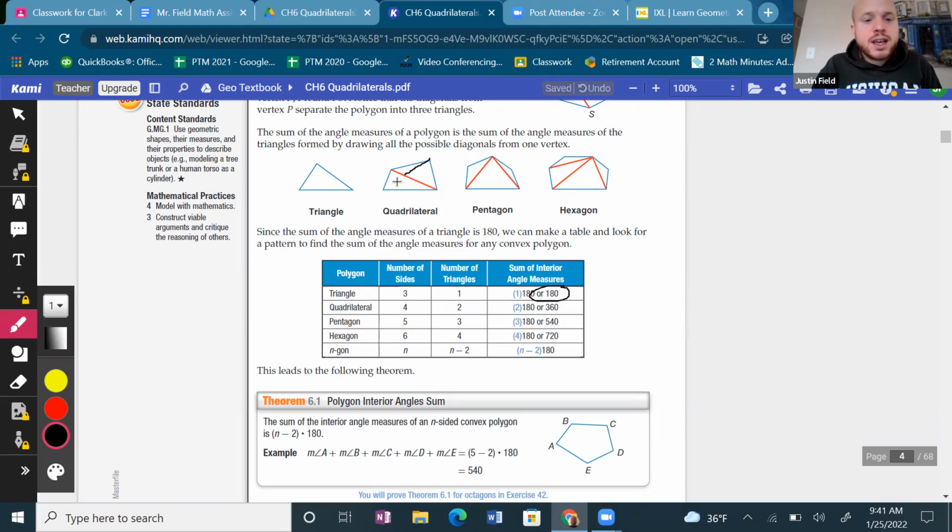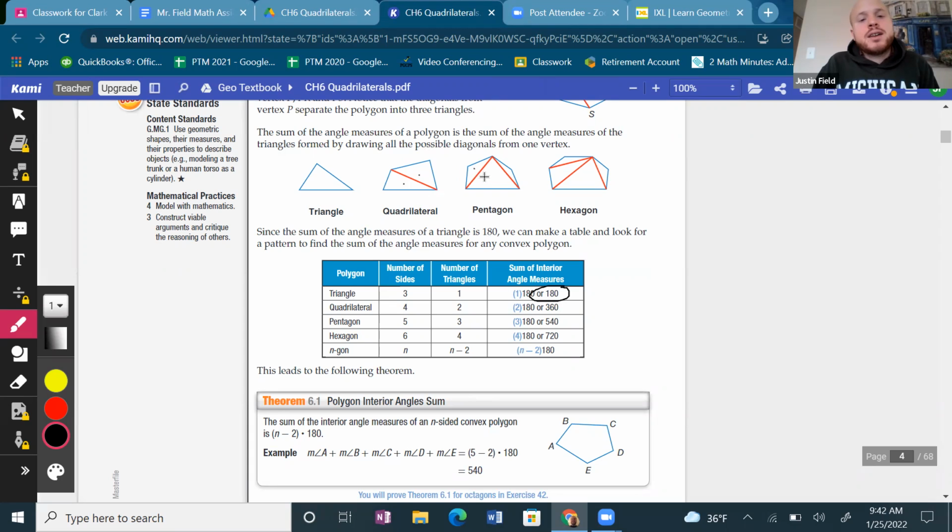But if you draw a second one, it would intersect with the first one. So if we draw non-intersecting diagonals, there's only one, and that gives us 2 triangles. A quadrilateral has an interior angle sum of 360, which is 180 plus 180.